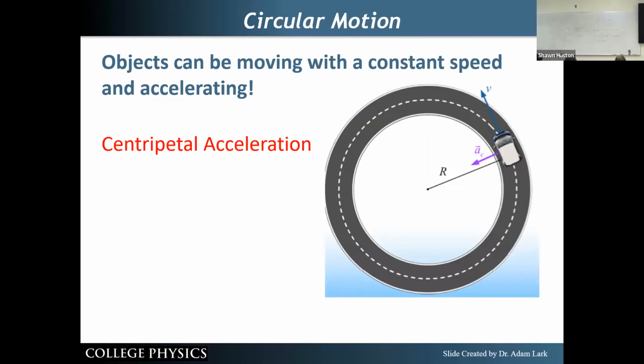This acceleration is given a specific name. It's called centripetal acceleration. Centripetal, another fancy word, just means it points towards the center of the circle. It's inward pointing.